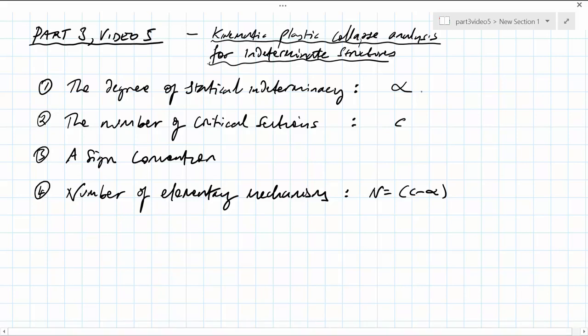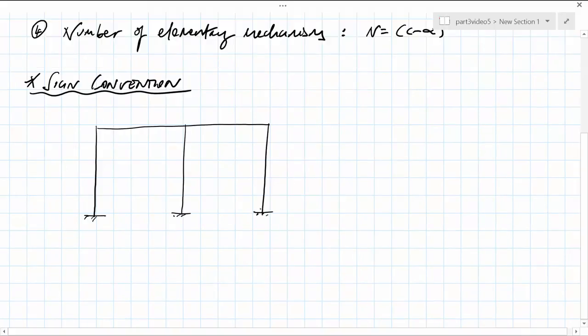From what we've covered so far, we already know 1 and 2, so we need to discuss a bit further the sign convention and the number of elementary mechanisms. To develop a sign convention on a structure, we construct an internal boundary. This is shown here by a dotted line.